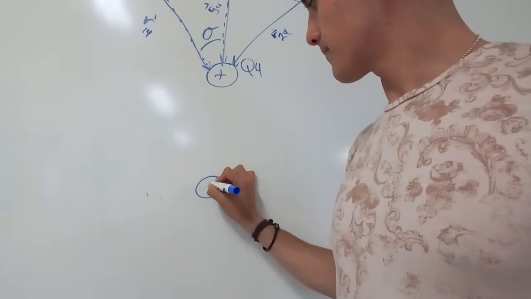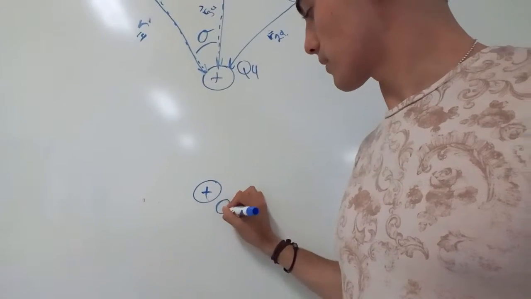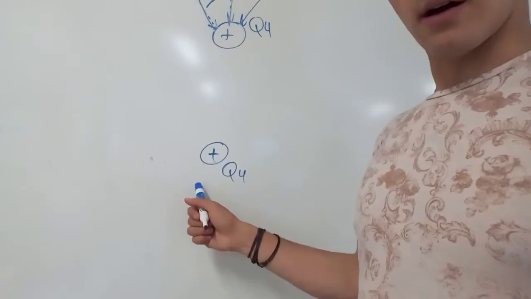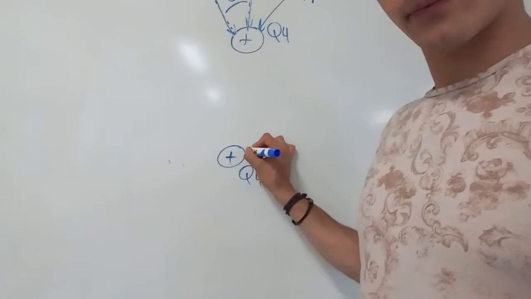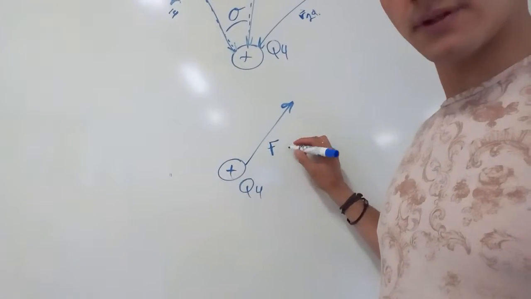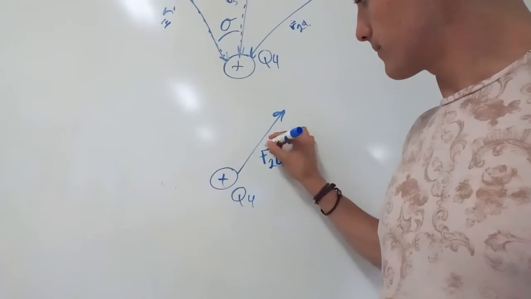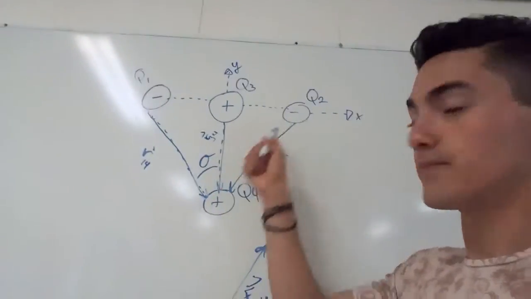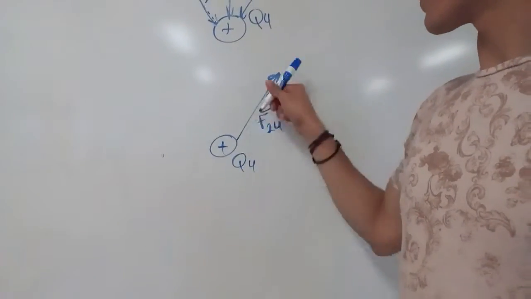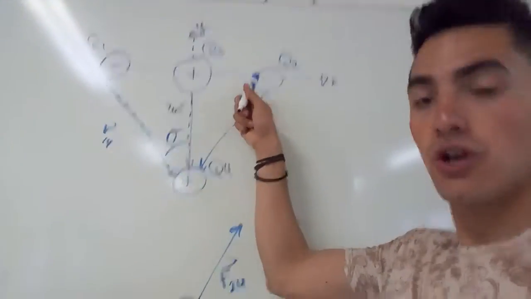We have here our charge 4, that is our main charge. Once we have our charge 4, we can draw here the force from 2 to 4, that is this one. And as they are different signs of charge, the force goes toward the other charge.